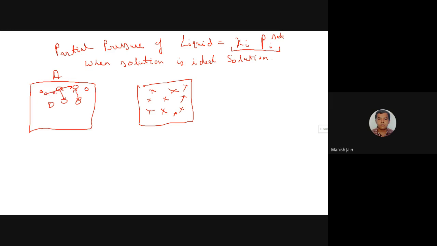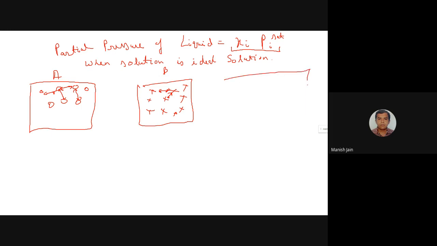Basically all physical properties are due to intermolecular forces. There are some intermolecular forces in component A and some in component B. Suppose these forces are not equal, or the interaction between two molecules of component A is different from the interaction between the molecules of A and B.